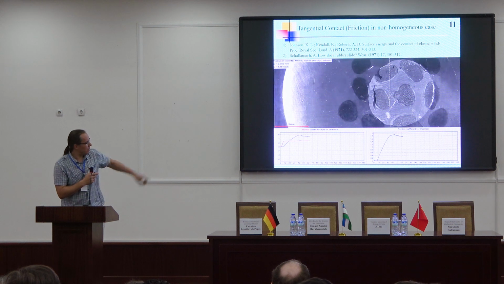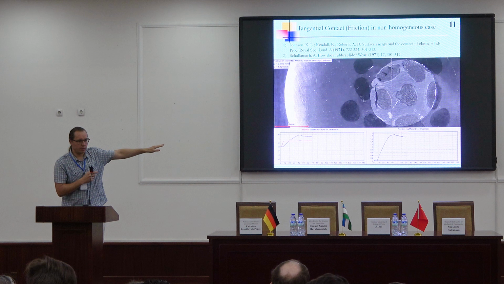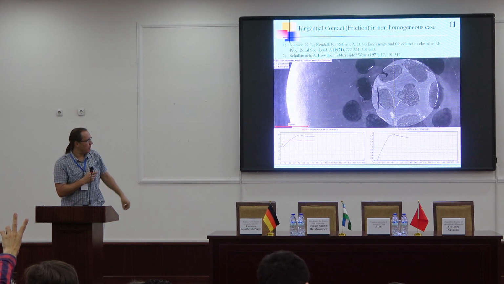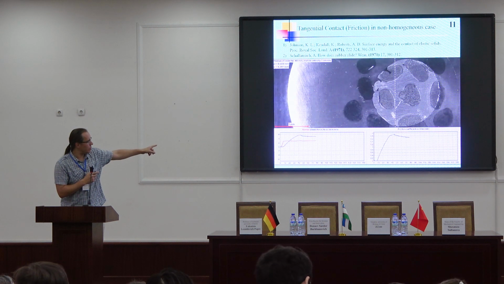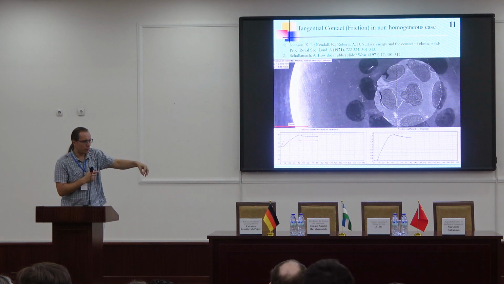And you can see here dependences. This red dependence is the normal force. Normal force is constant because we have a constant indentation depth. And tangential force, in principle, you can see that we performed indentation first in the normal direction.